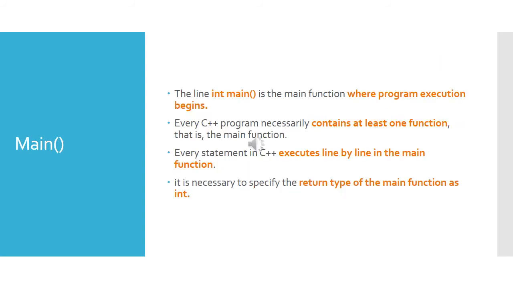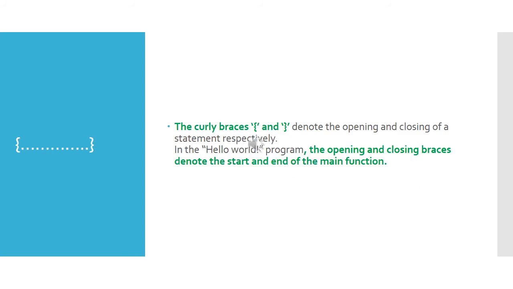For the main function, there should be one main function for every program, and the program starts executing from main line by line. The curly braces denote the opening and closing of a function or statement respectively. Here it contains a print statement, cout, which is going to print hello world to the output console.